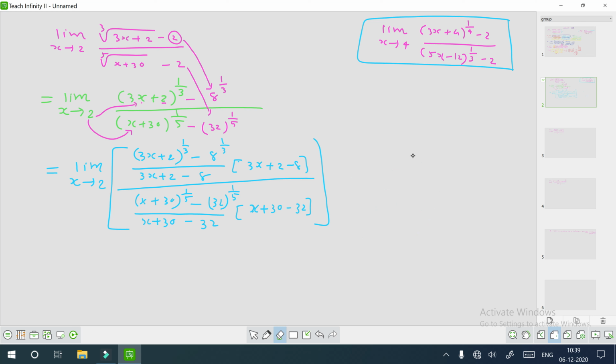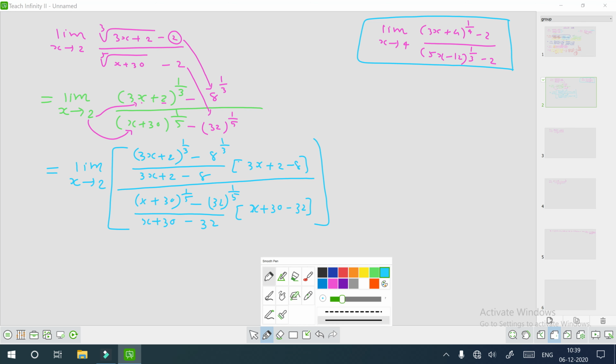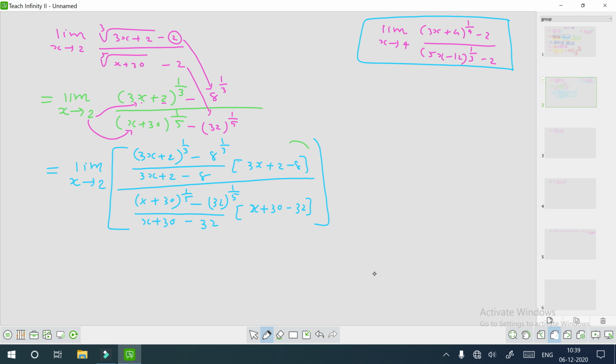That thing we need to arrange here. Let us arrange it. Before that, please see here. Simplify this one. What do you get? 3x minus 6. If I take 3 common, what do you get? 3 times x minus 2. What is the simplification of this one? x minus 2 only. Clear? So in the next step, write one more step.